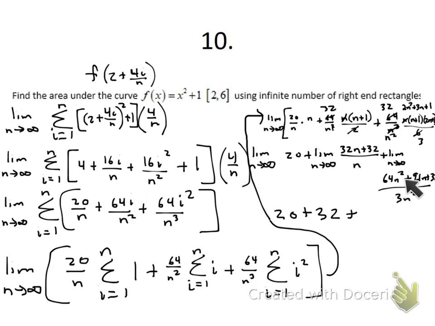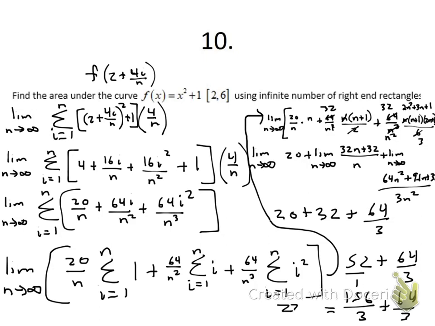Plus, the degrees are the same. If you don't get the degrees the same, you did something wrong, by the way. 64 thirds. So I get 52 plus 64 thirds. Let's see, 156 plus 64, right? 156 thirds plus 64 thirds gives me, does it give me 200 thirds right on the money? No, 220 thirds.